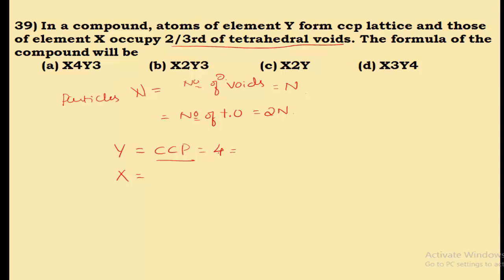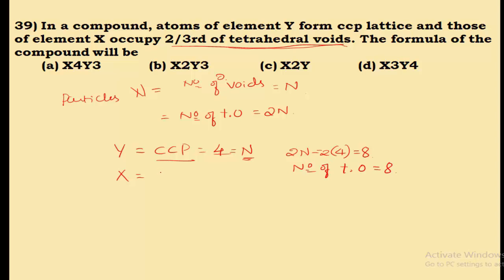Here let us consider this 4 as n. If the number of particles is n, the number of tetrahedral voids formed will be 2n. 2n means 2 into 4, which is 8. So the number of tetrahedral voids formed is equal to 8.